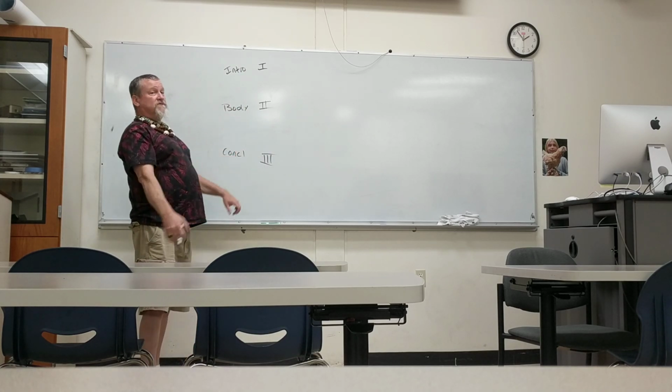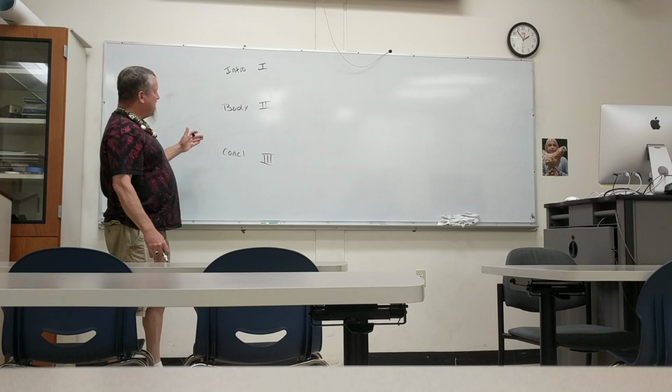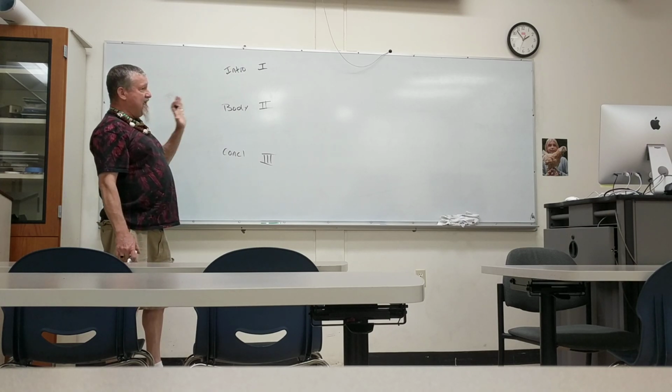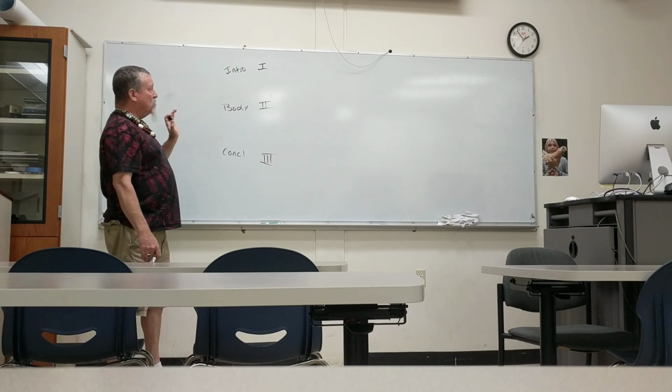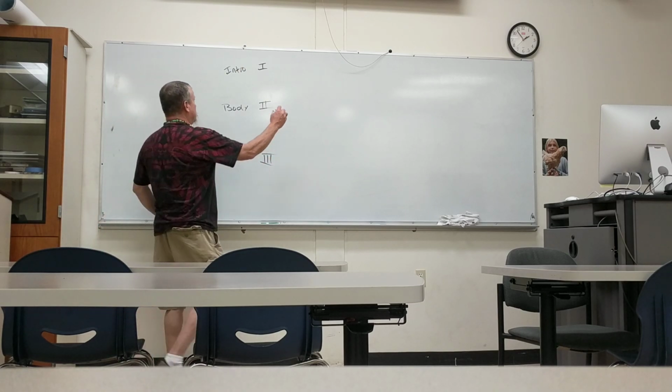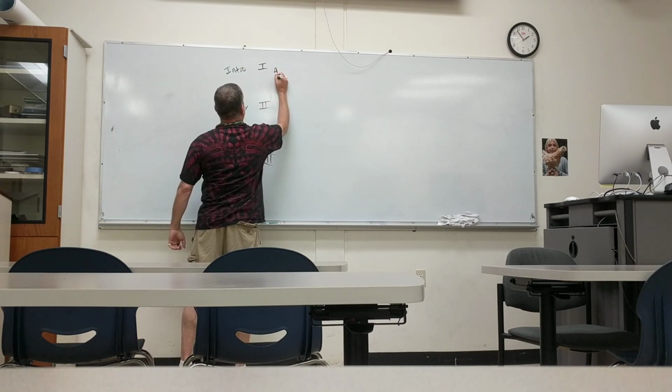So we start with Roman numerals: introduction, body, and conclusion. In APA formatting for an outline, we indent and use uppercase alphas.